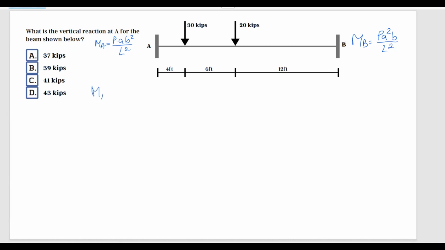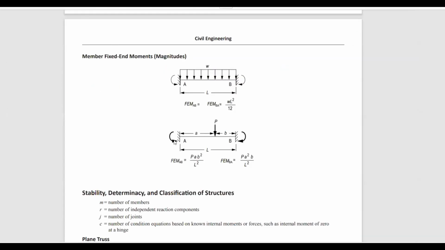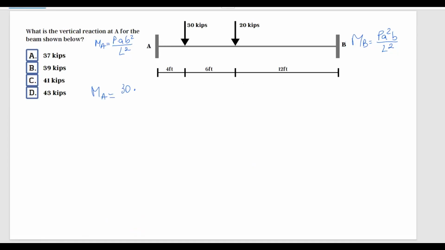We're going to say moment at point A equals 2. And we're going to take the 30 kips force first, so 30 multiplied by A for this force. If we go back to the handbook, A is this distance over here, from the support to the force. In our case, this is 4 feet.